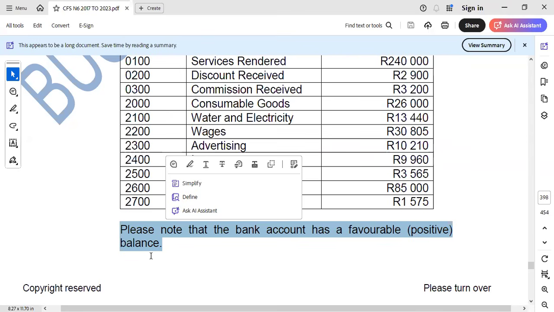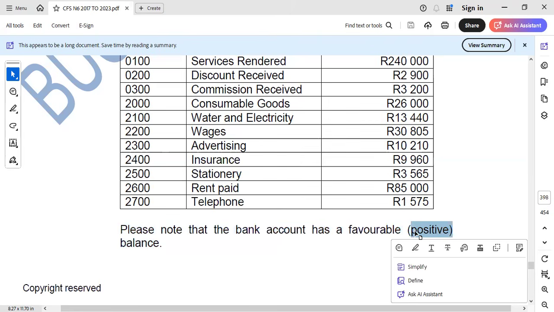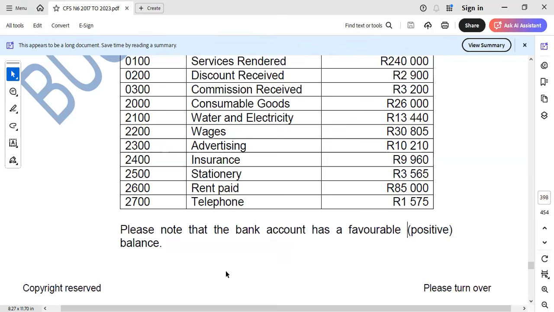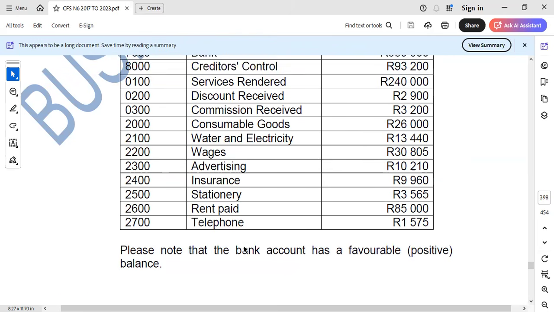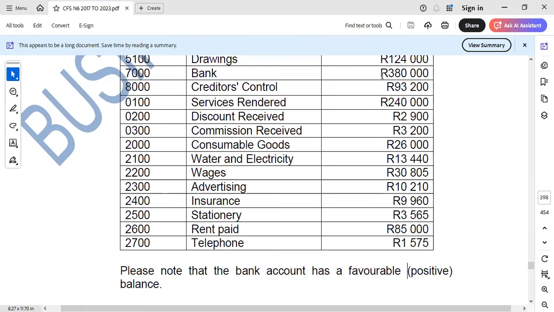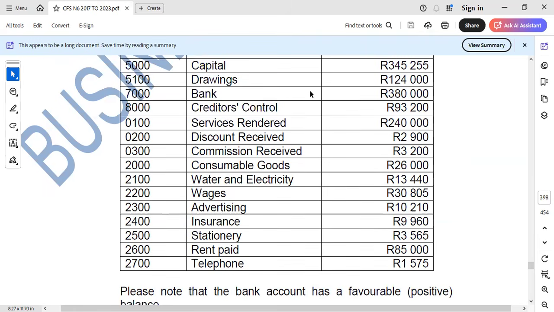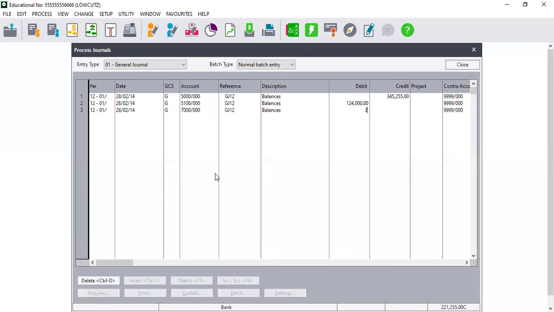If it's unfavorable, it will be credited, or if it's an overdraft, it will be credited as well. So please understand that. You need to read this statement so that you can understand. So our bank is 380. It's debited, remember? 380.